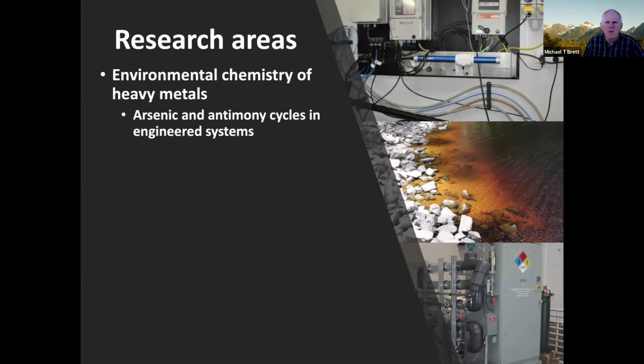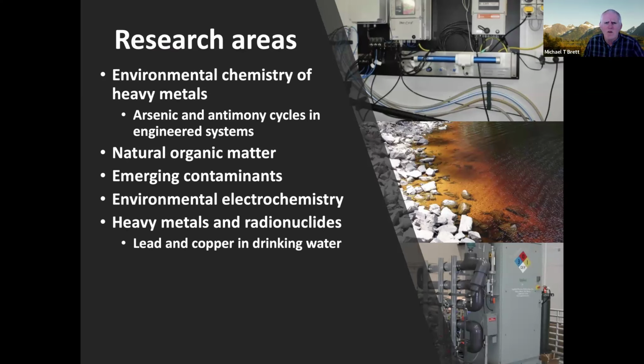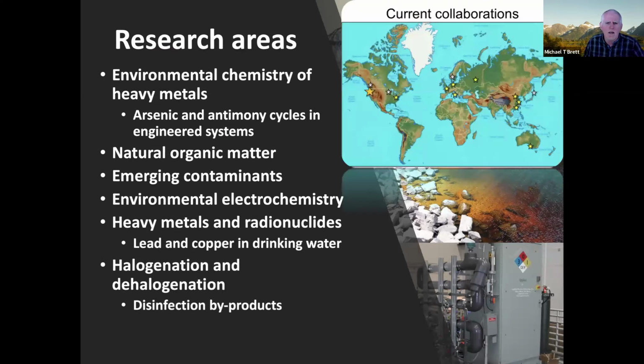So his research areas, like I said, arsenic in engineered and natural systems, natural organic matter, which is this brownish, orangish stuff here, which is very important in drinking water treatment systems since it reacts with disinfectants. A lot of research in general in our department on emerging contaminants and heavy metals and stuff like that.